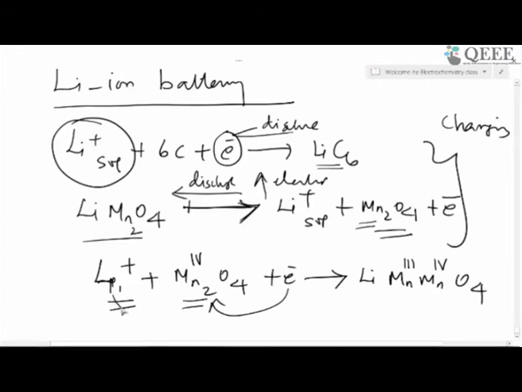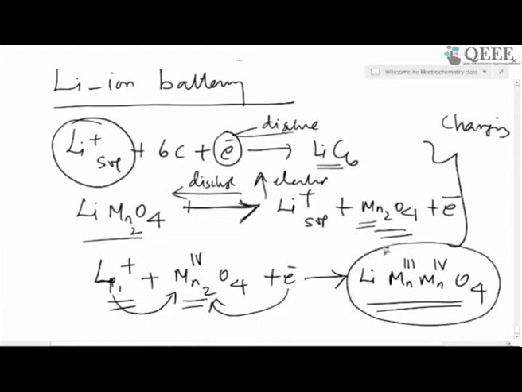At the same time, the lithium plus is intercalated into the matrix of Mn2O4. Thereby it produced LiMn2O4, but in the product Mn is in two different oxidation states. So this is the discharge reaction at the positive electrode of the lithium Mn2O4 battery.